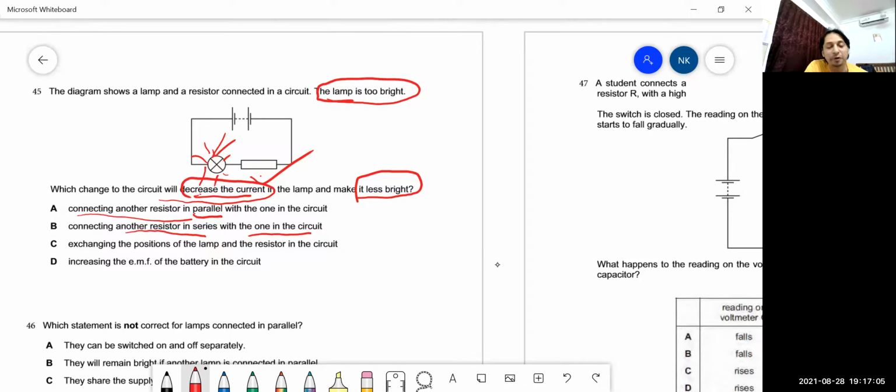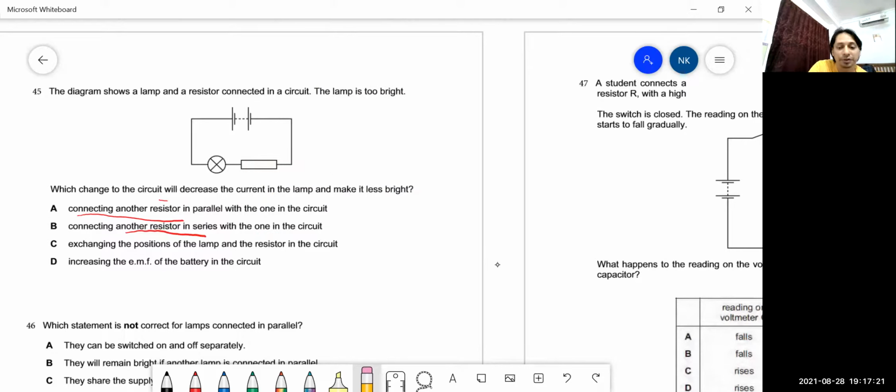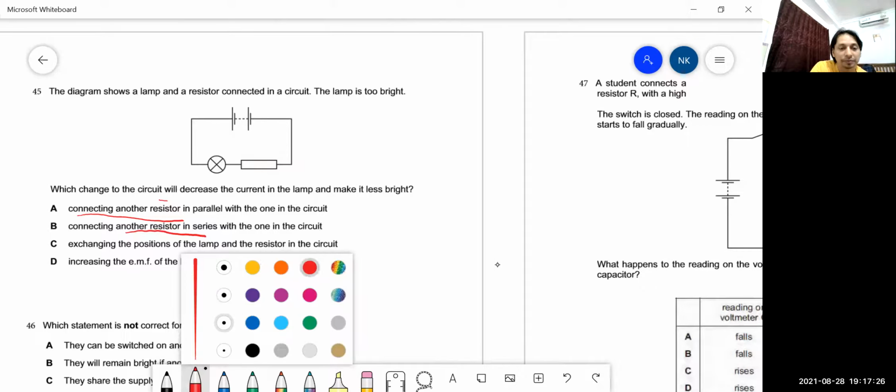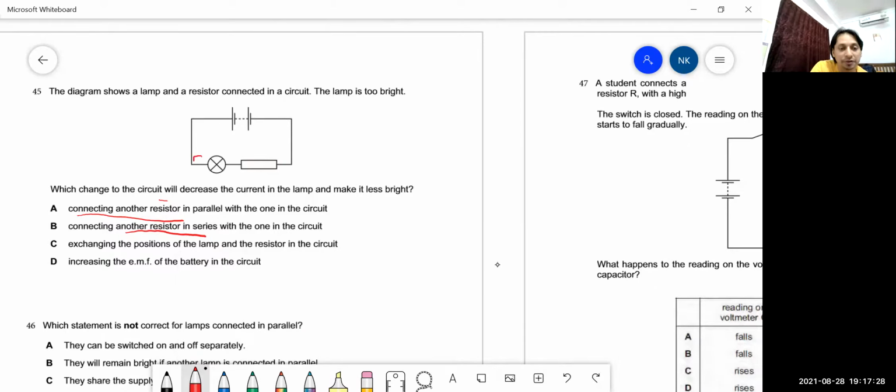Yes, you have to connect another resistor anywhere along this line. Anywhere along this line you need to connect another resistance in series. So whether to the left side of the bulb, let me erase this part, children, you can connect the resistance to this side or anywhere in series. Series is a series combination. So here the answer is B.